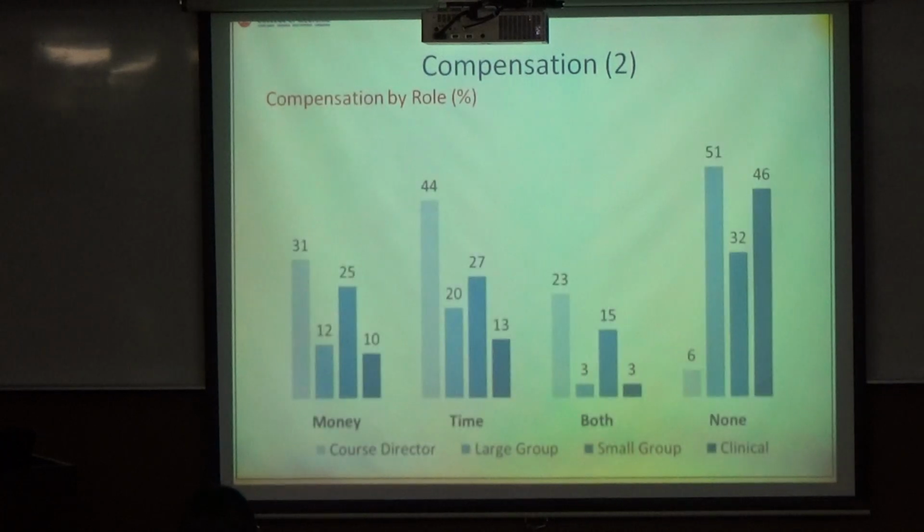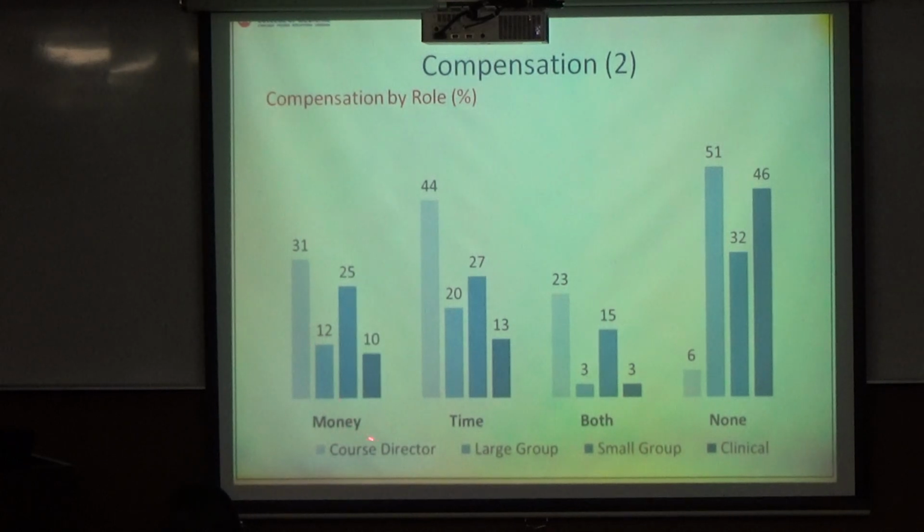And we looked at this more specifically. If you're a course director of the physical examination program, generally this is a large leadership title and you have a lot of responsibilities. This is a lecturer in a large group setting. This is a small group facilitator, and this is a clinical teacher in the hospital clinical setting.